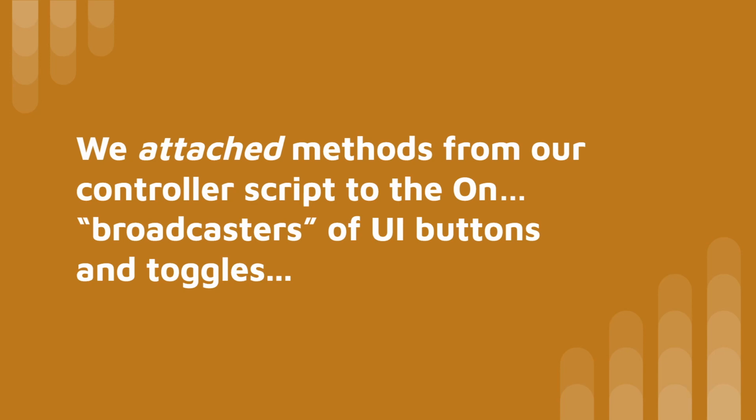So when on click happened, I connected the north button and the south button to those things, right? So when I say I attached a method to a broadcaster, that particular object, when that thing happens, it broadcasts that occurrence to anything that's on that list.